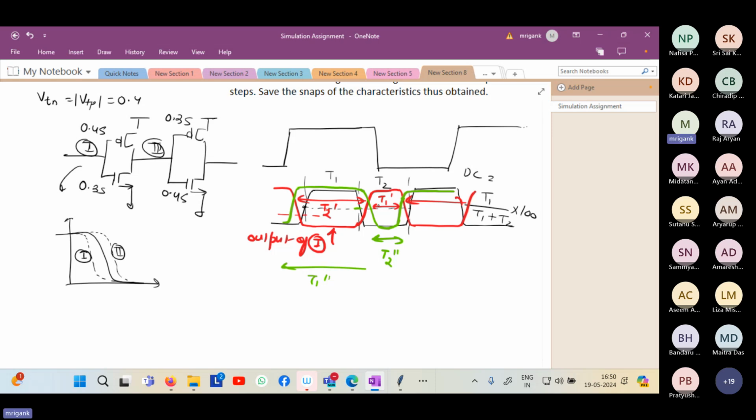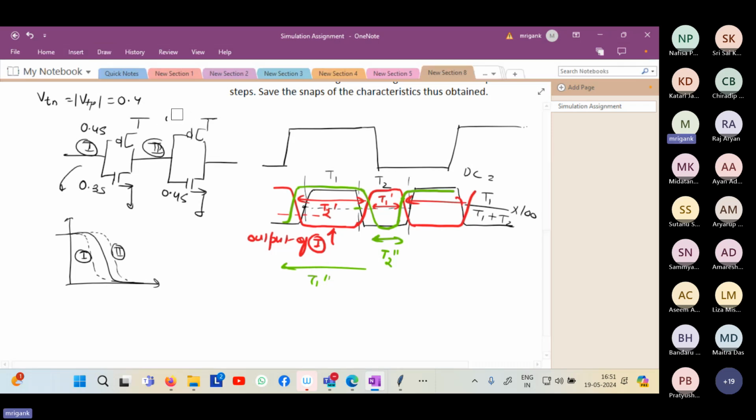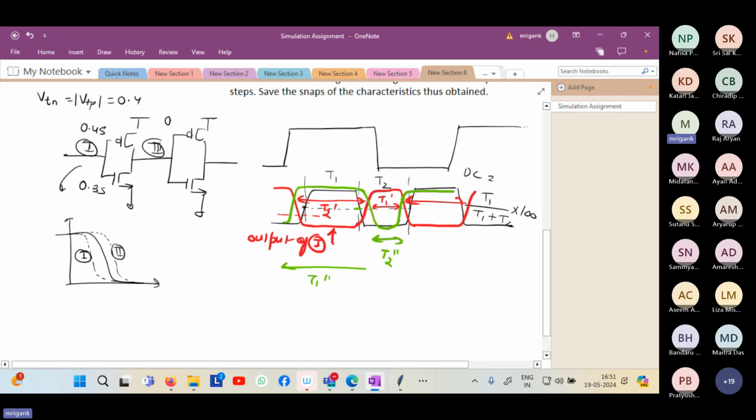let me draw the second scenario. Second scenario means this is 0.5, 0.35, but the VT of this one is also the same, basically in the same fashion, 0.45, 0.35. So if this is the scenario, what will happen?